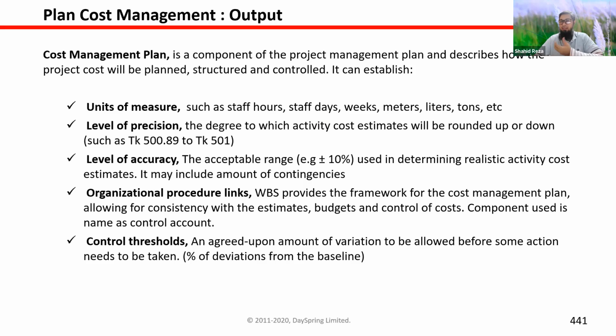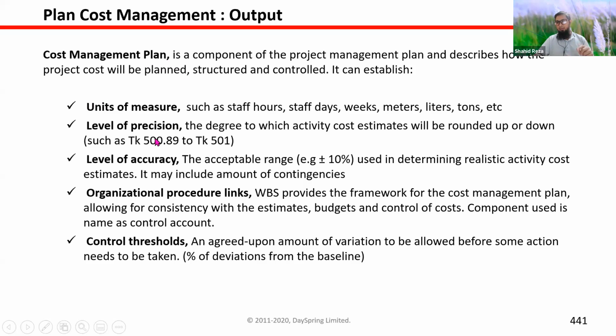Say we are using staff or people resources, so how we will pay them, hourly or daily or weekly or monthly. That thing you have to set in the cost management plan. Then if you use physical materials, there are different kinds of measurement methods, meter, liter. So that you need to plan here in the cost management plan.